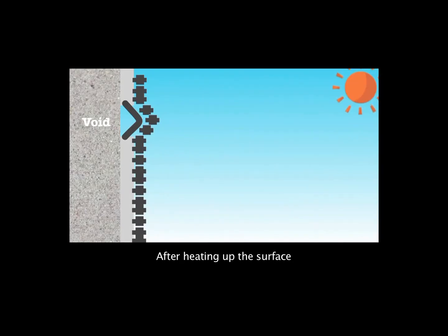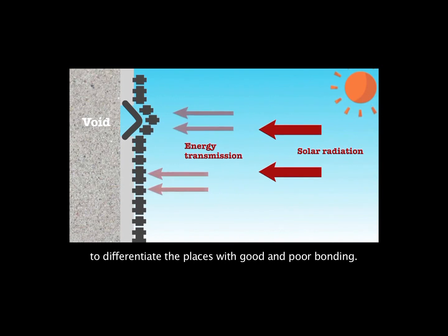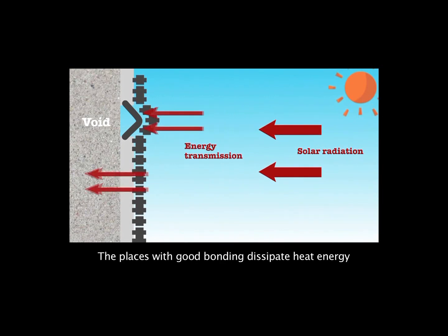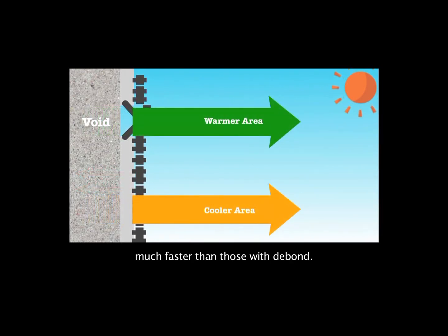After heating up the surface, we measure the decay of temperature to differentiate the places with good and poor bonding. The places with good bonding dissipate heat energy much faster than those with debond. Those hotter regions mean possible debond.